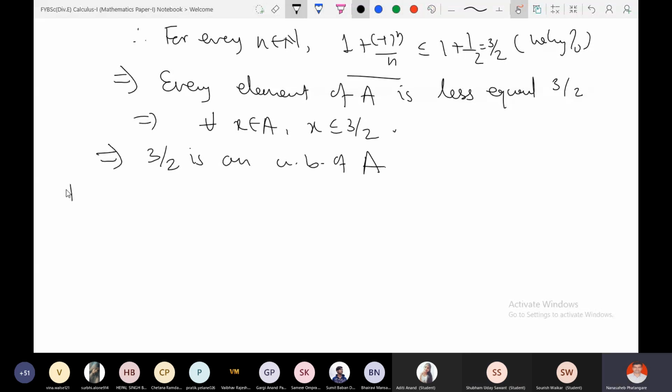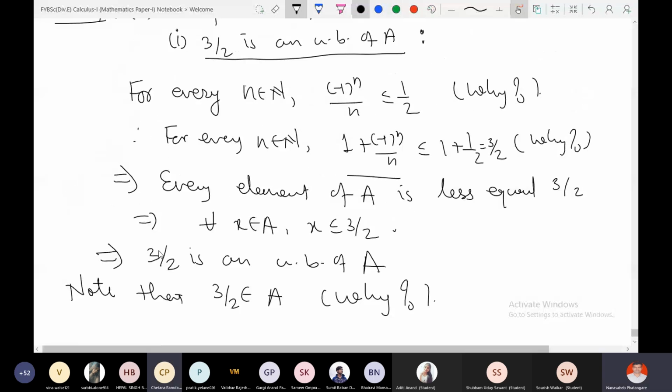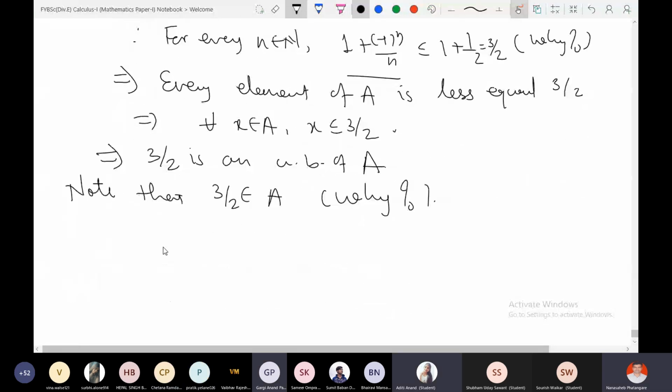Now, one observation is, note that 3 by 2 is a member of A. Correct? Is 3 by 2 a member of A? Yes, sir. At several steps, I am writing a question mark, why. So you need to think when you read later on, or every time.